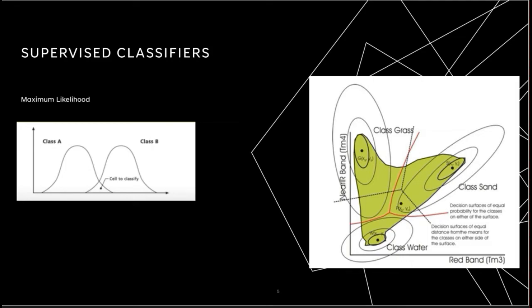If we look at the two-dimensional version on this slide on the left, you could see that we have the frequency distribution of values in two different classes. We have class A and class B, right? So that could be water and grass, for example. So let's say the area of grass, you delineated all those areas of grass and all those known pixels that were designated as definitely known to be grass.